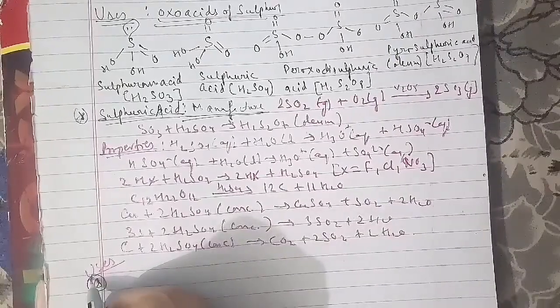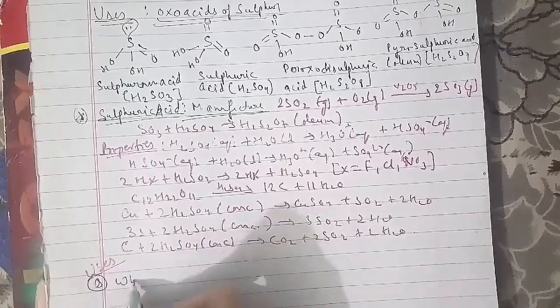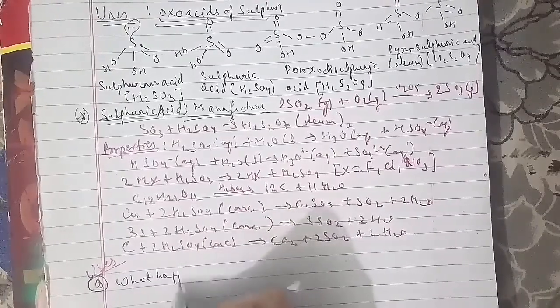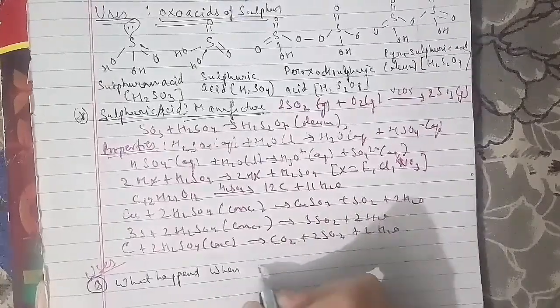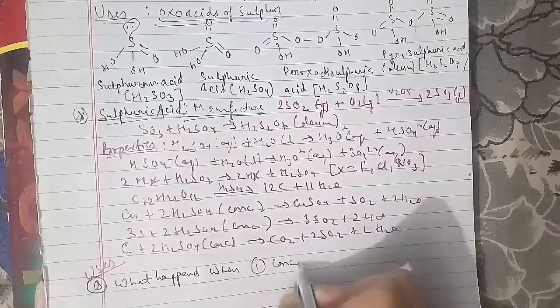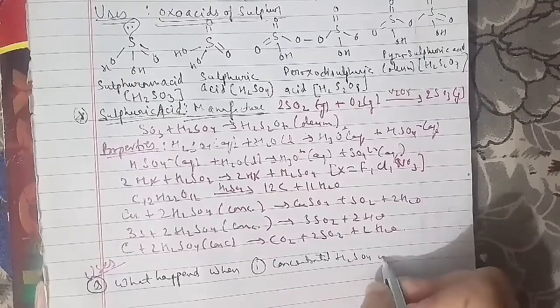It forms hydrogen fluoride: CaF2 plus H2SO4 gives CaSO4 plus 2HF. The second is SO3 passed through water.